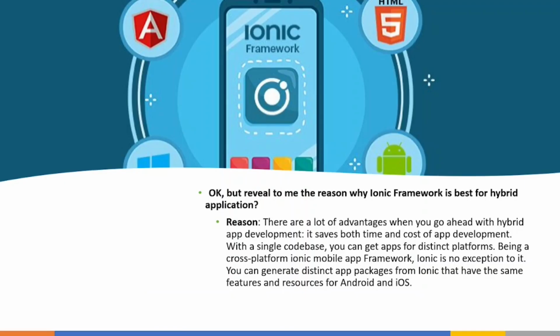So why is the Ionic framework best for hybrid applications? There are a lot of advantages when you go ahead with hybrid app development. It saves both time and cost of app development, so that with a single code base you can get apps for distinct platforms like Android and iOS. Apart from that, the Ionic framework is the most opted choice for hybrid mobile applications, because it is easy to adopt, hence developers get to make the best of its platform and its features.